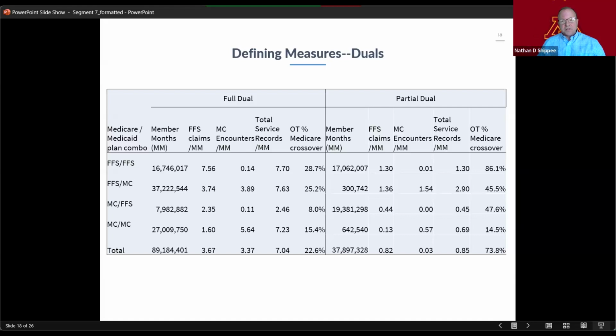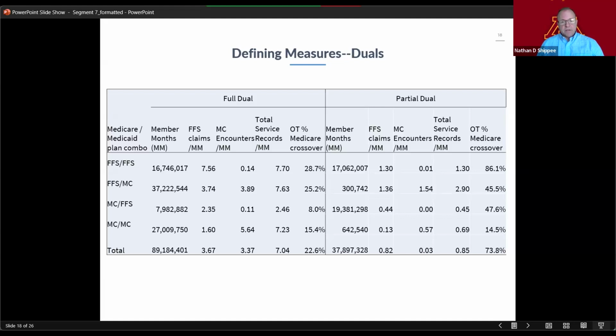And then along the top, we've got full dual and partial dual, right? So we've got full Medicaid benefits versus a partial dual, which is help with copays and so on. Within those, to look at the actual numbers, we've got member months. Then we looked at the different types of service records. In the table I showed you yesterday, I just used the total service records, which includes both of these added together, but here we're disaggregating them.